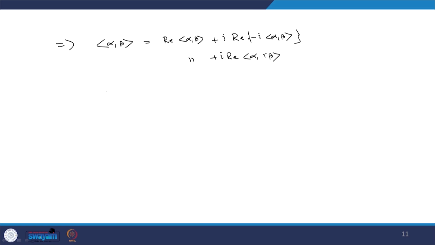So, this is a nice algebraic characteristic of the inner product over complex numbers. I will use this to understand the inner product in more detail, which we will discuss in the next class. We see that any complex quantity can be written as its real part plus i times its imaginary part.